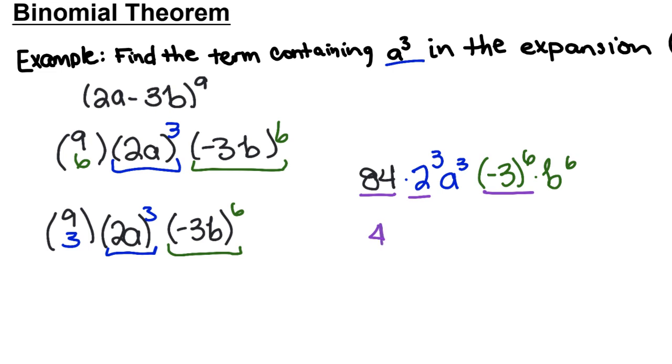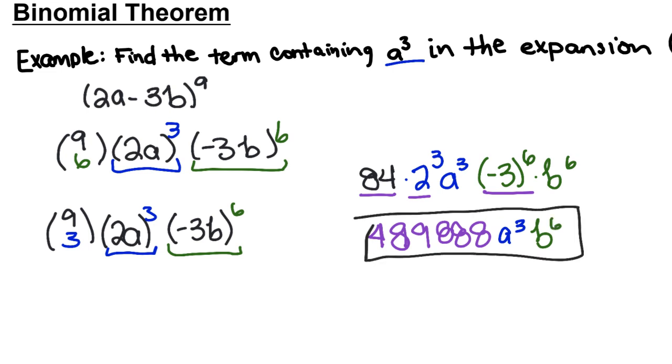So then that number, let me write that down. 4, 8, 9, 8, 8, 8. Okay, and then it's going to be a cubed b to the 6th. So that would be the term with a cubed.